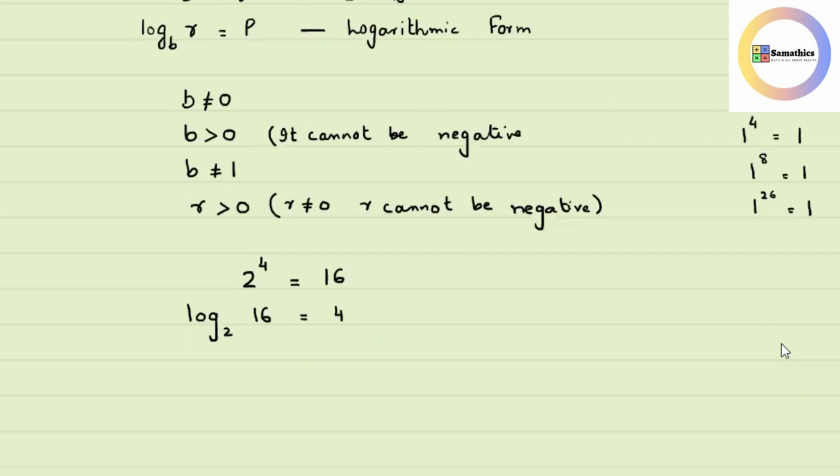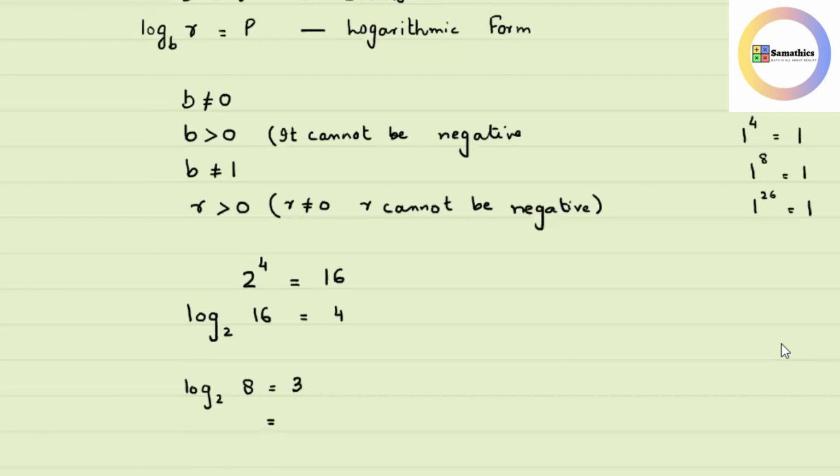Now, if we have something given and we have to convert it into log form, you can do it easily. If it is given in index form, you can convert it into log form, and if it is given in log form, you can convert it into index form. Like if it is given log 2 of 8 is equal to 3, how will you convert it into index form?